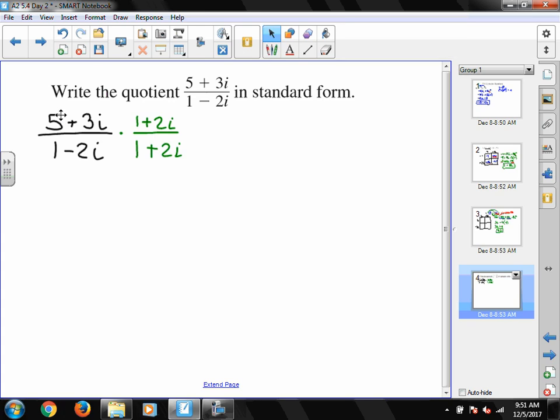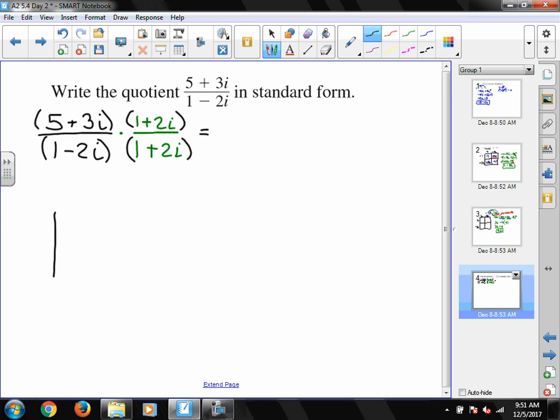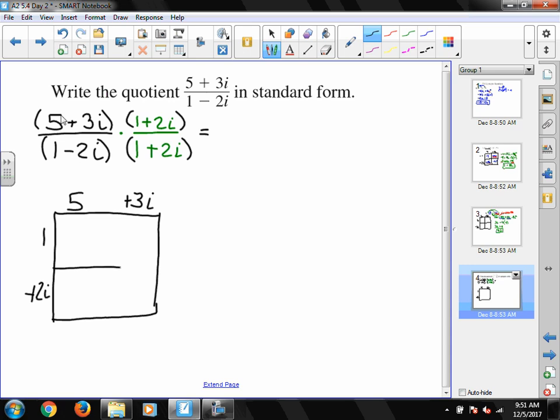So I'm not changing the value of the fraction, I am just making it look different. Now, if I'm going to FOIL these, it helps, you can put them in parentheses. Actually, let's do the top by the box method just to give you guys another example here. I like it. Maybe you guys have seen it. Maybe you haven't. But yeah, 5 plus 3i and 1 plus 2i. Cross there.